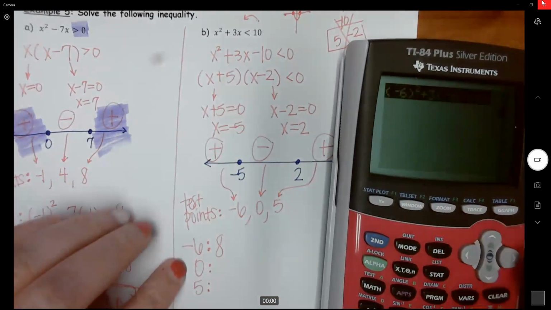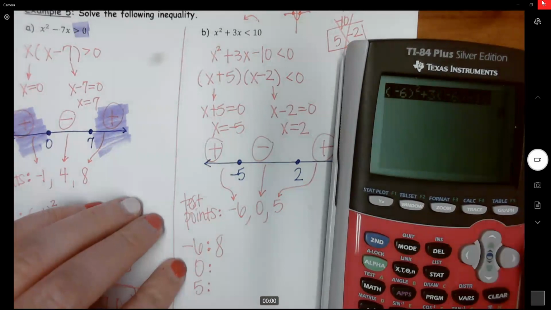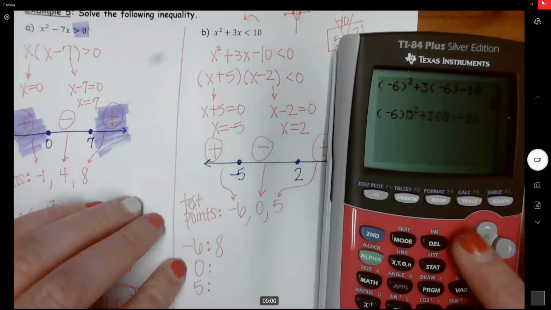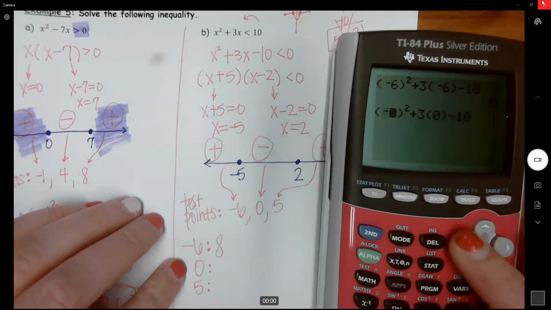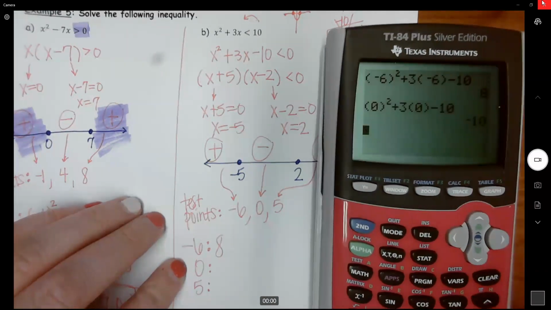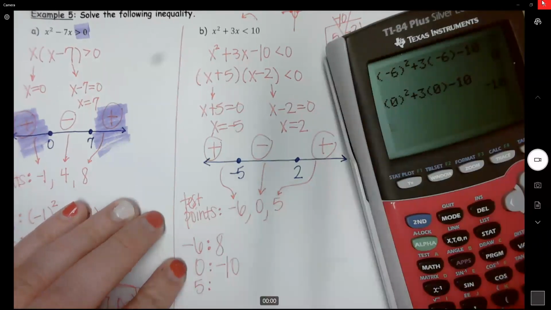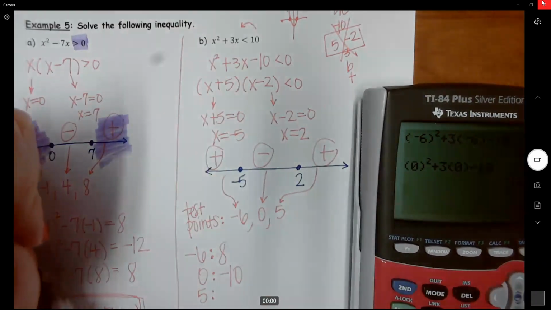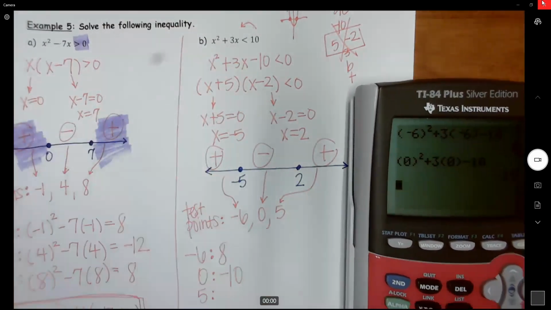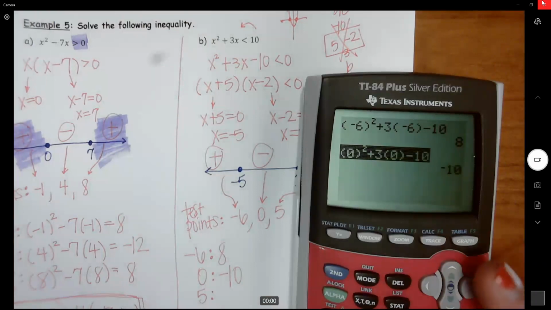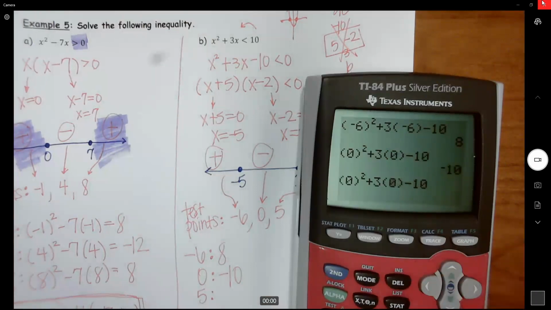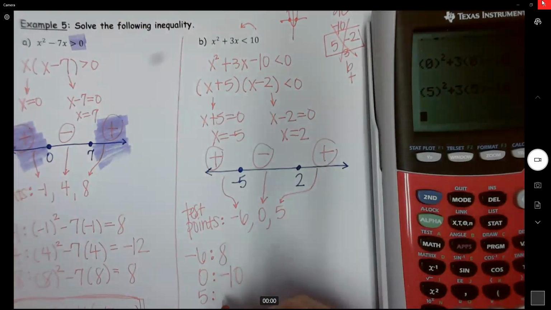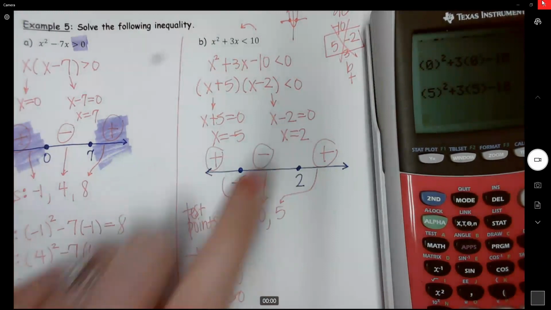Let's go over here to 0. So I'm going to arrow up, hit enter to edit, and change these to 0. You need to make sure you can do this. We get -10, which is what we said, negative. And 0 should have made sense. It just canceled out both of those x's. That's actually our y-intercept. And then lastly, 5 gives 30, which we said was positive.